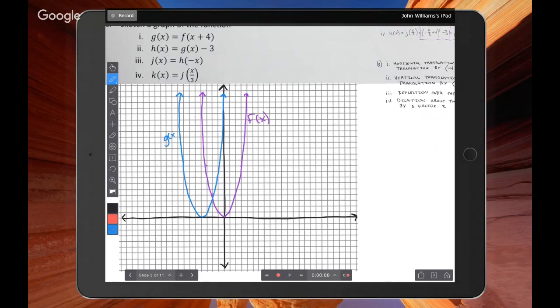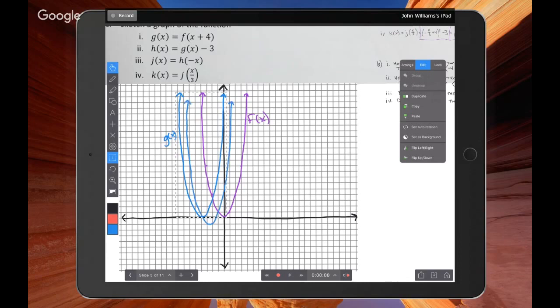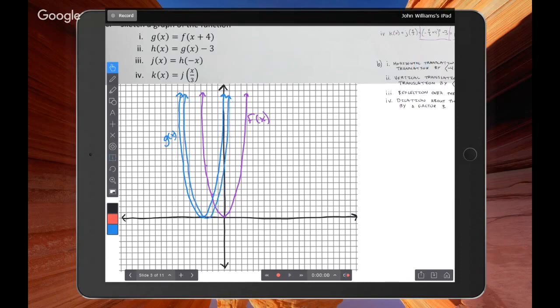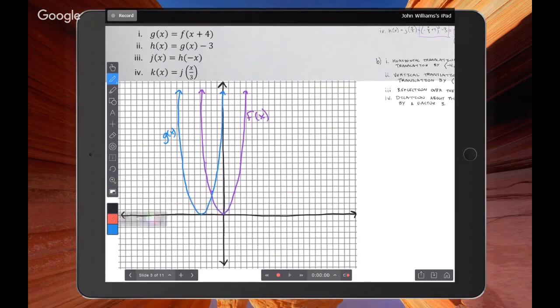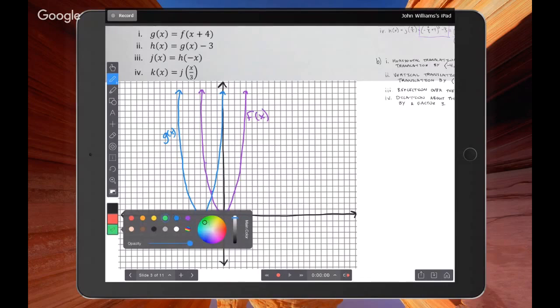And then I can duplicate. And now I can move it. So here it was. The next part moves down 3. So down 1, down 2, down 3. Ooh, I should have made a new color. Just kidding. So I'm going to copy this one with a nice green.